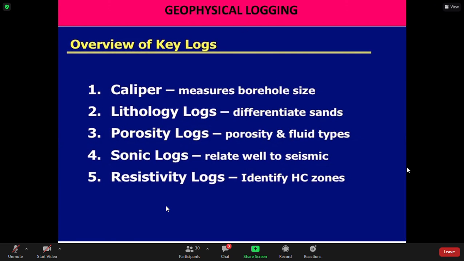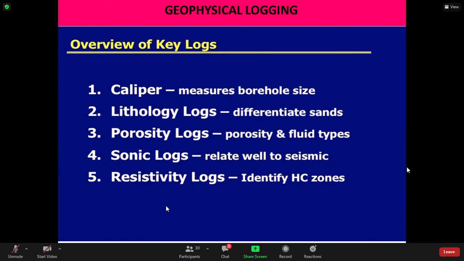So for example, what kind of response are we expected to get? In hydrocarbon, we are expected to have high resistivity, because electric current does not flow well in hydrocarbons. While in water, we're expected to have low resistivity because electric current flows well in water.